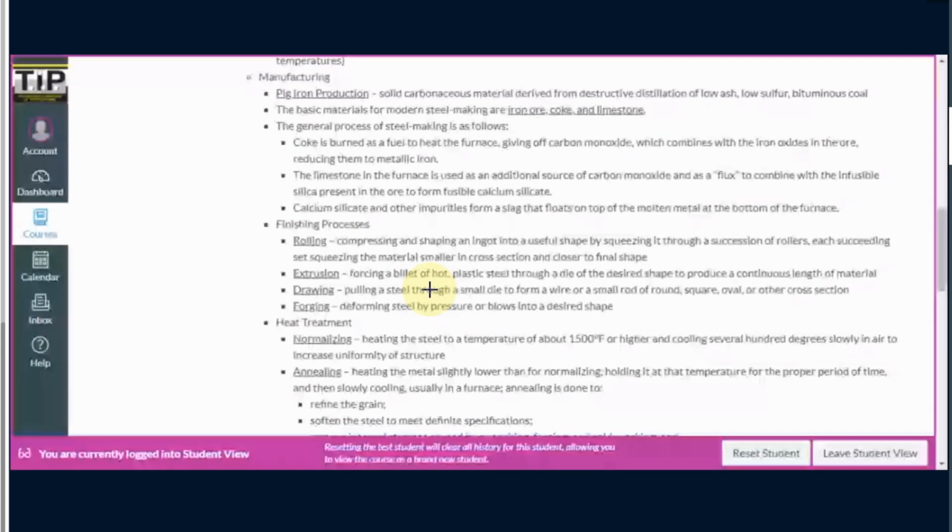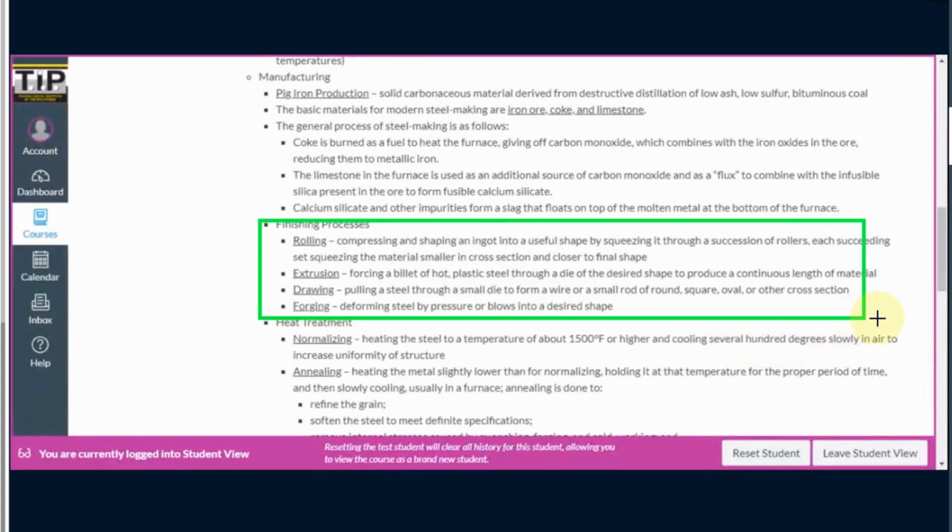So from a steel billet, you let them pass through the rollers. So the raw steel will be formed into another shape depending on how the rollers are set up, and then you roll it until you get the final shape that you want.